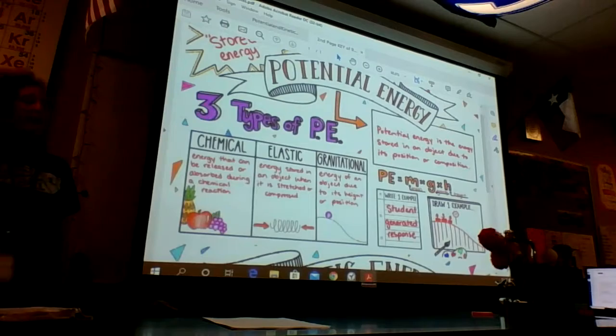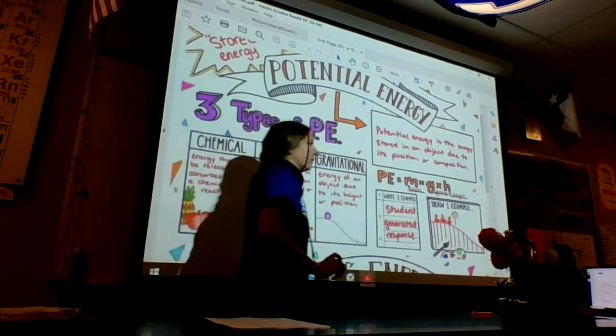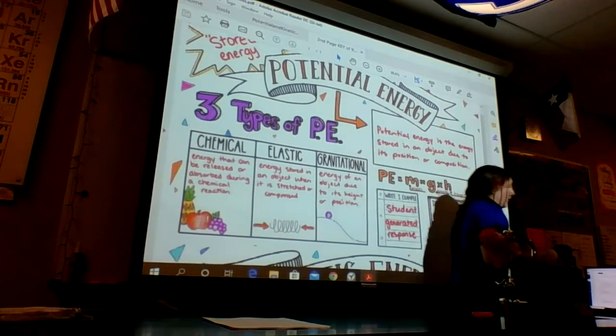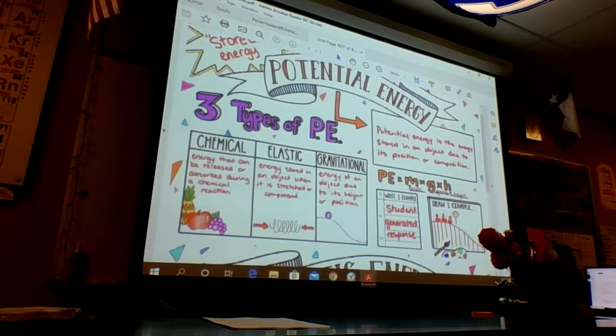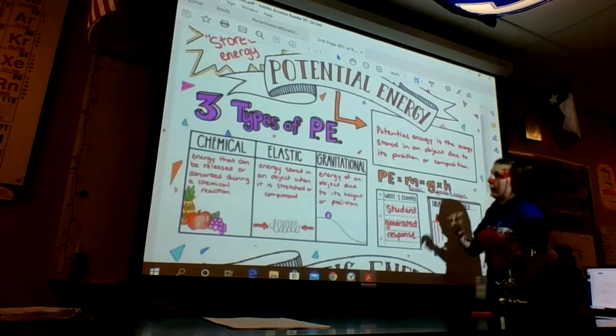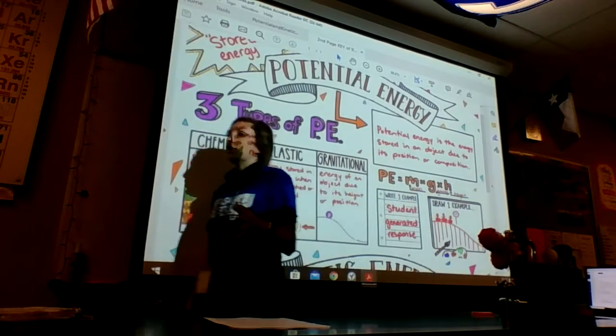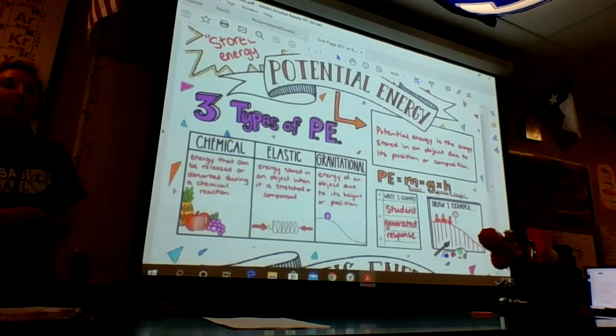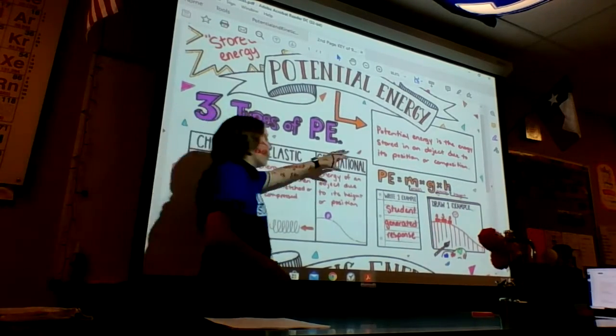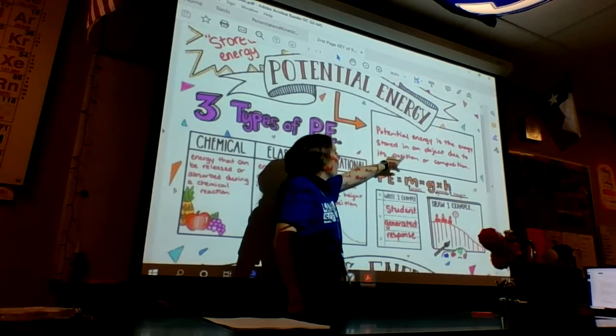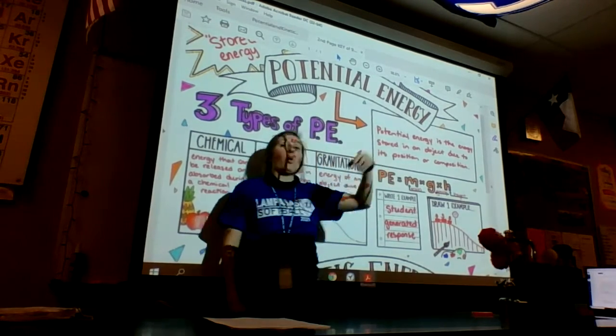Okay, so like I said, you keep writing, I'm just going to start talking. This half of our notes goes into much greater detail. We know that potential energy is stored energy. We talked about that on the first page. But now we go in a little bit more detail. Stored in an object due to its position or composition.